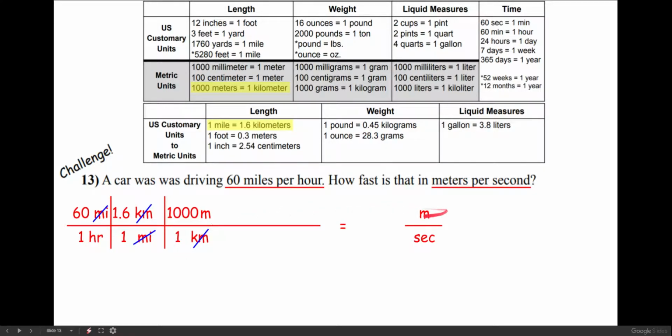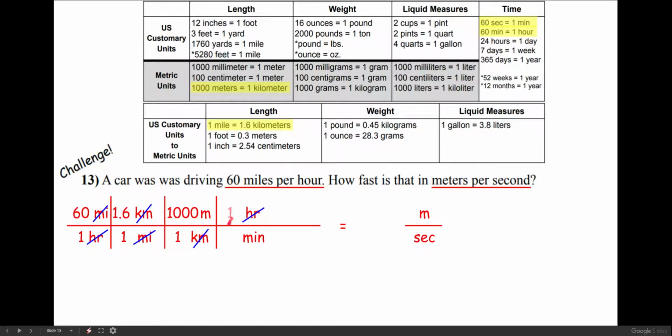Now we have meters on top. We're good with that. We need to change the bottom from hours to seconds. How do we get from hours to seconds? Well, 60 minutes in an hour, and after that we have 60 seconds in 1 minute. So let's start off with hours to minutes first. If it's on the bottom, you've got to put it on top so that we can cancel it out.